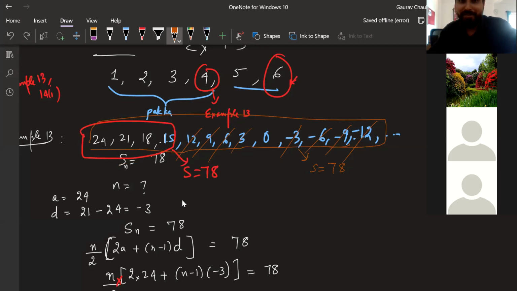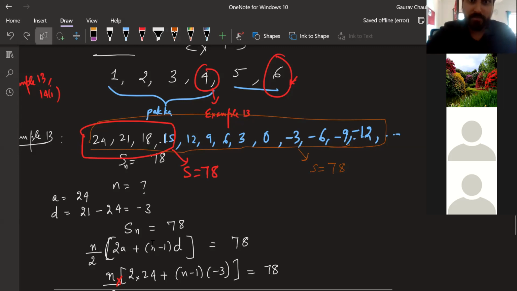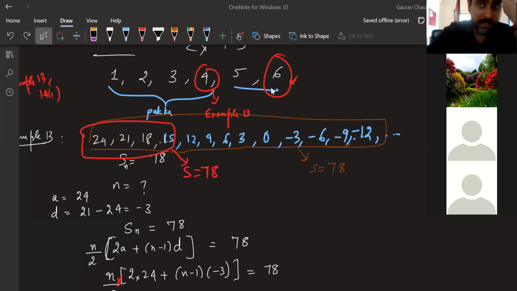So it's a very beautiful question, and it helps us appreciate the beauty of a negative direction arithmetic progression. I hope you guys enjoyed it. Dikshit, does this help you? You said, can there be 2 values of n?